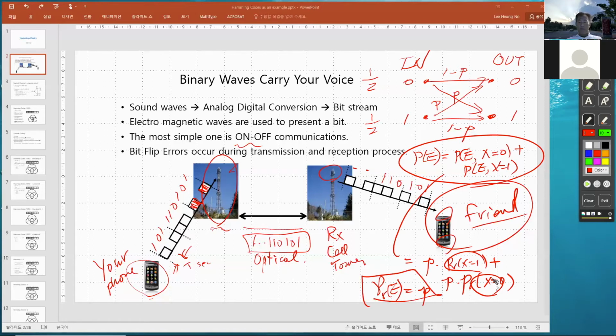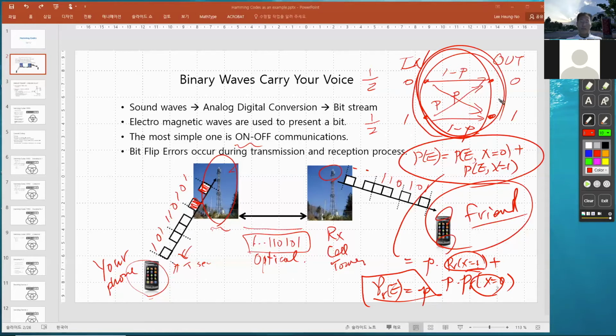So even in the case that the input symbols are not equally likely, not equiprobable, basically the probability of error is key. So this conditional probability defines the channel.